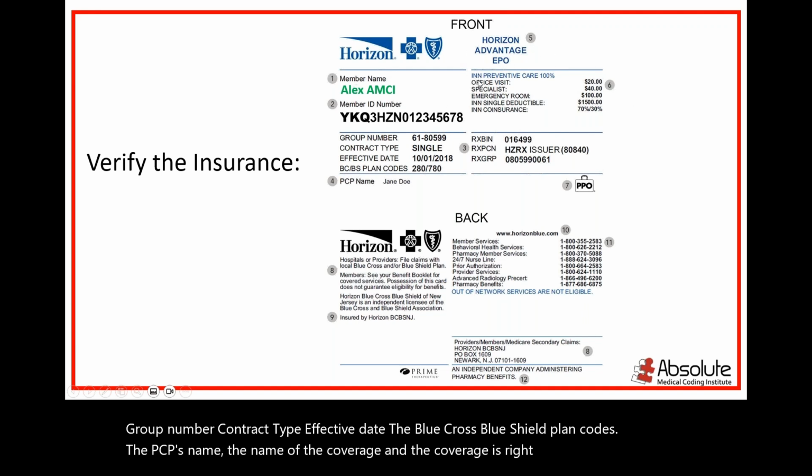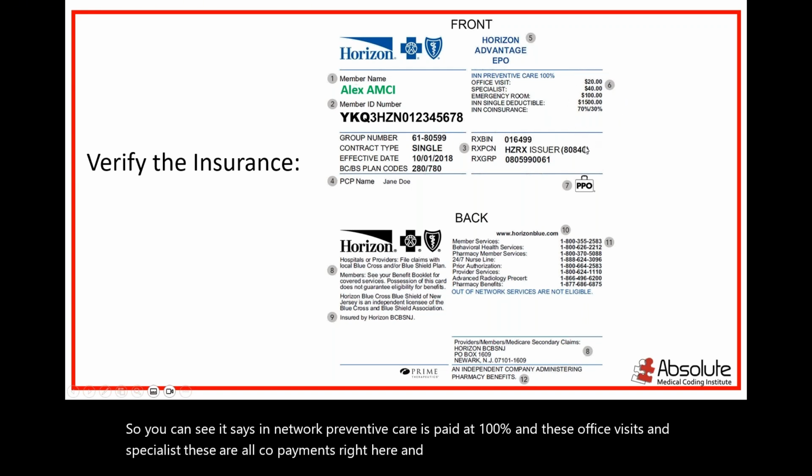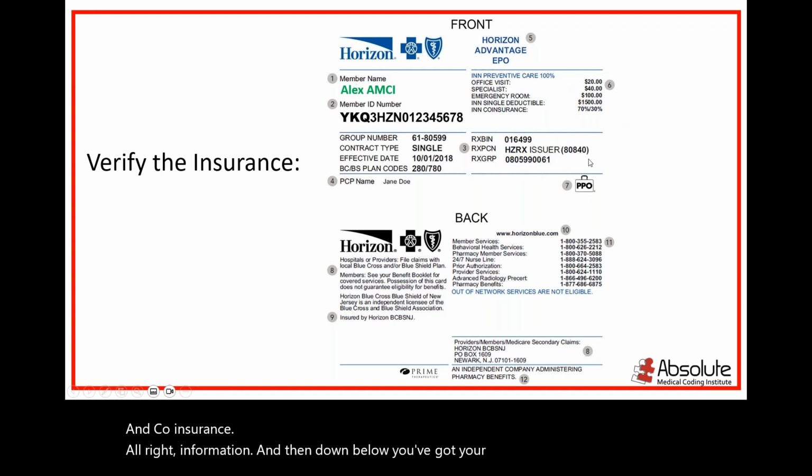So you can see it says in-network preventive care is paid at 100%. And these office visits and specialists, these are all co-payments right here, and deductibles and co-insurance. All right, information. And then down below, you've got your medication information.